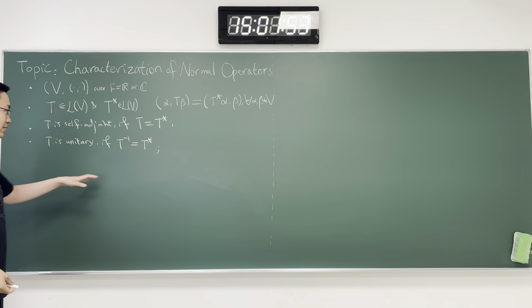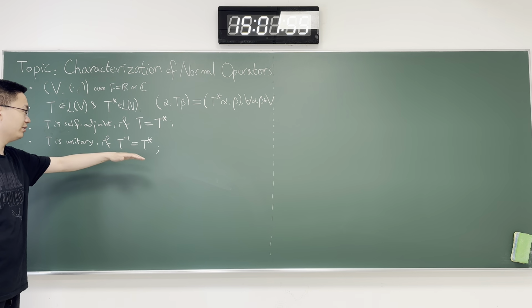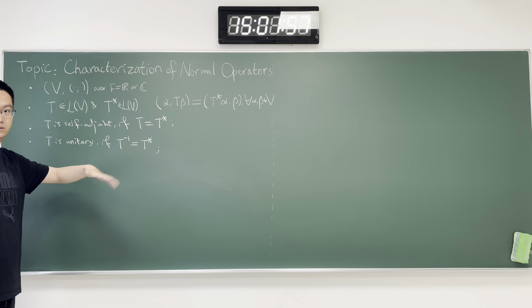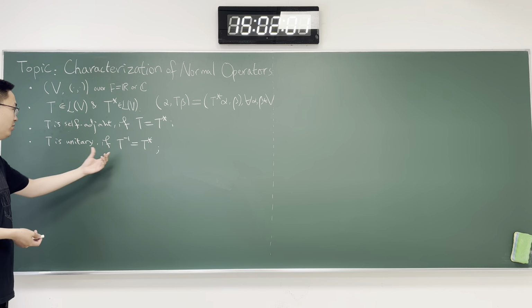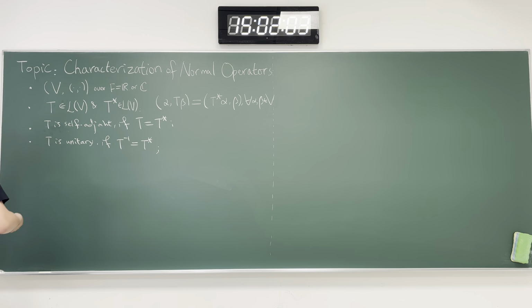And we also know that the matrix representation of an adjoint map is just the complex conjugate transpose of the original one. Today, we are going to study a more general family of linear transformations on the inner product space, which is called normal.